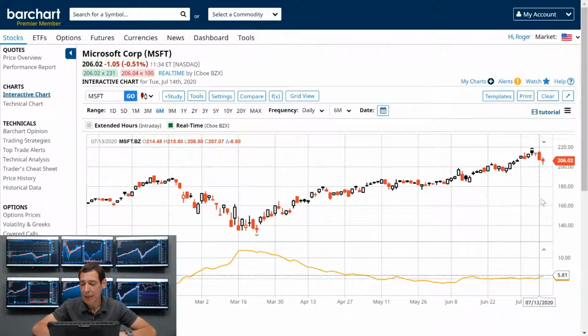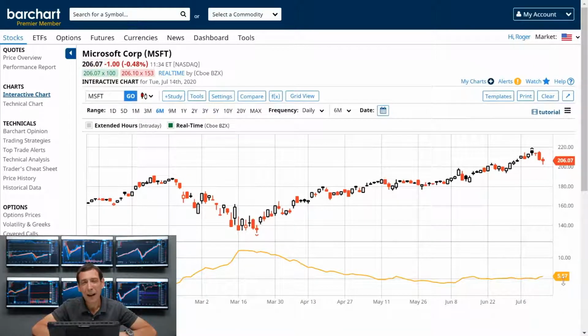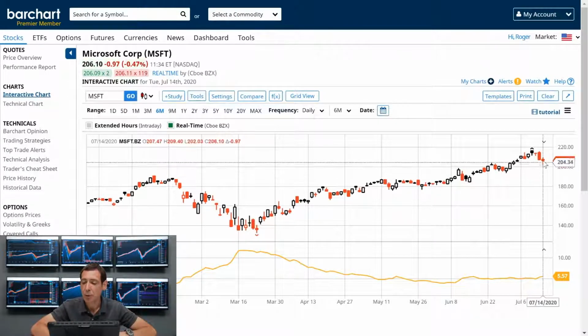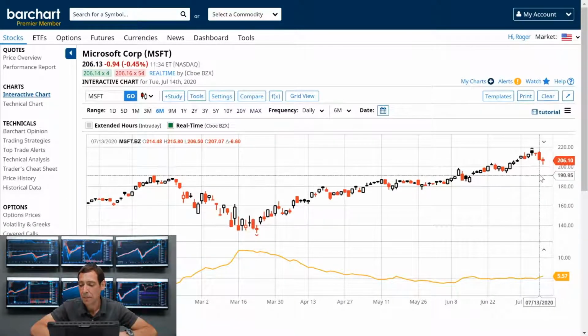So if we were using ATR to put stop losses here, this closed at $206.12. I would double this to about $10. Again, eyeball it, about $10, $11, and subtract that from the closing price. So I would put a stop loss at about the 195 level, right here. And that would keep us away from the noise.